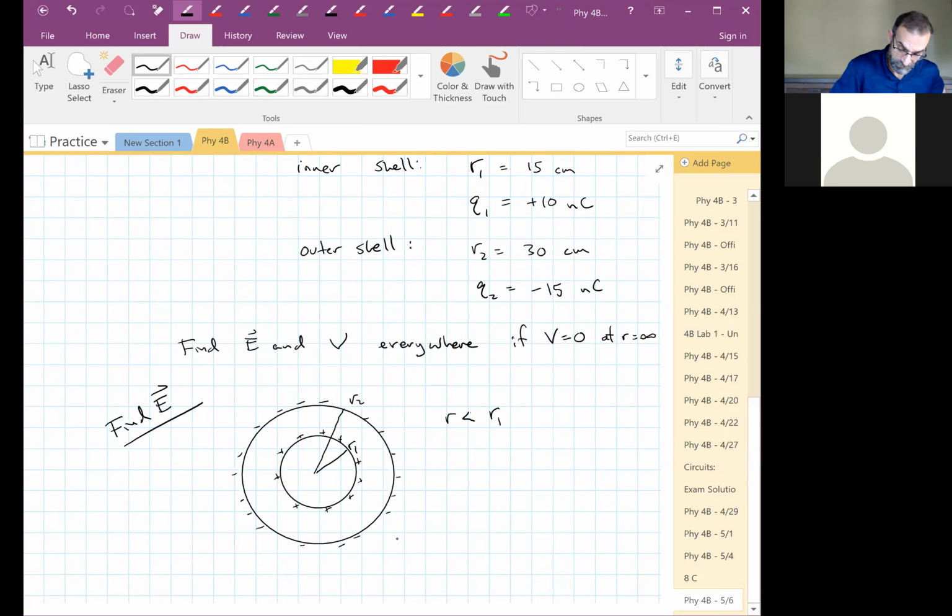Good. There's no charge inside of that shell, right? If we drew a Gaussian surface in here, there's no charge inside of our location. No electric field in there. Let's go out between R1 and R2. We're in between the shells now. What's the electric field there?